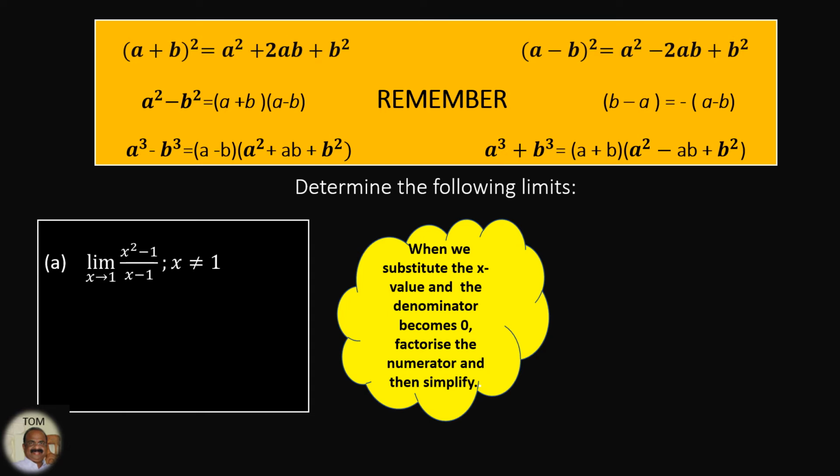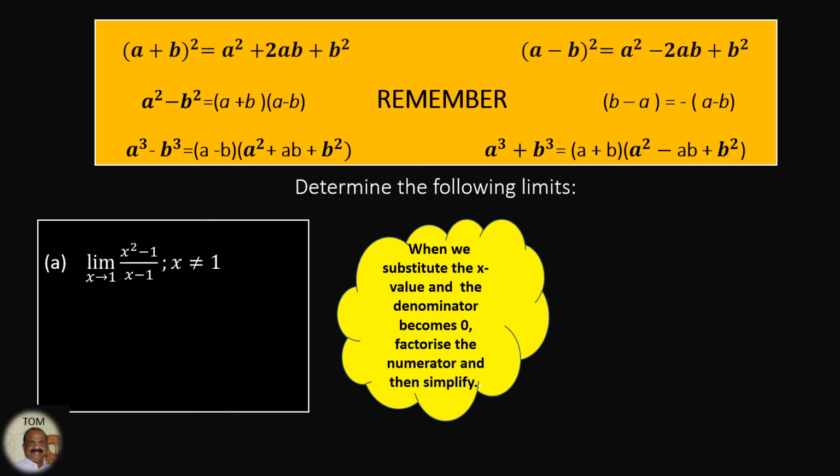Question number A. Limit of (x squared minus 1) over (x minus 1), where x approaches 1. What happens here? If we substitute 1 for x, the denominator is going to be 0. Also the numerator will be 0. And division by 0 is undefined.